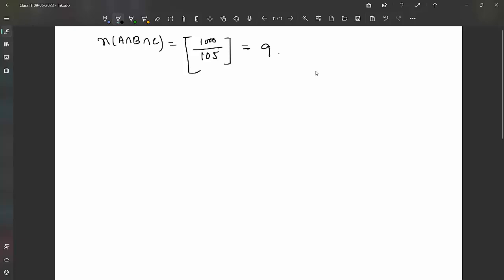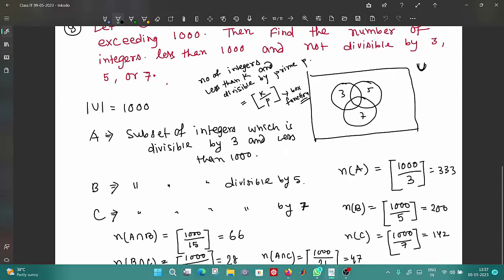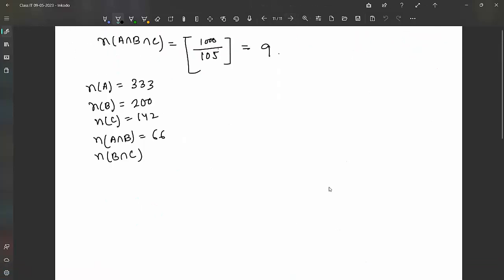So these are the values we have already. N of A is 333, N of B is 200, N of C is 142. N of A intersection B is 66, N of B intersection C is 28, N of C intersection A is 47, and N of A intersection B intersection C is 9.